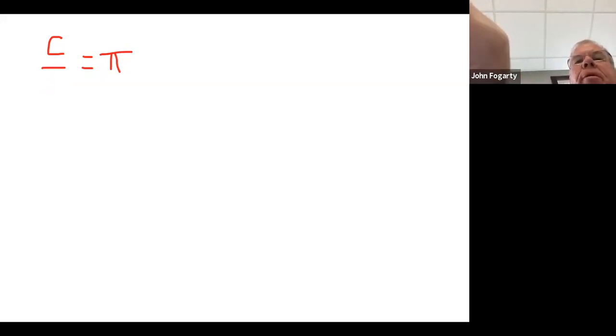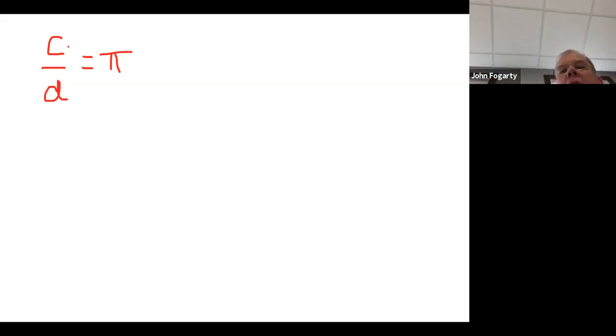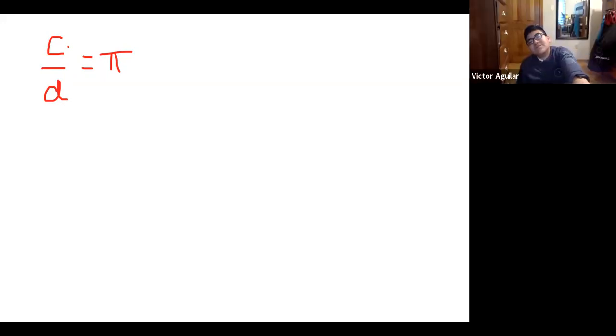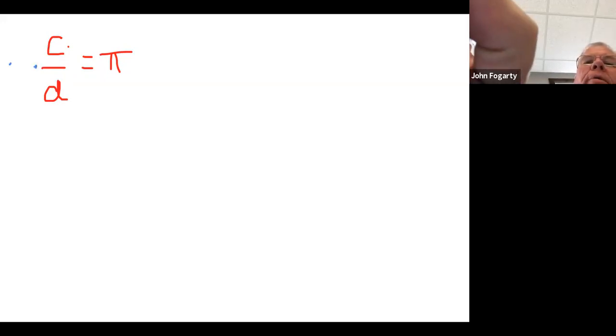The circumference divided by the diameter is equal to pi. Hector, Victor, if I said to you, get C by itself, what would you do to both sides of that equation? You would multiply both sides by the diameter. Very good, I would do the inverse operation.